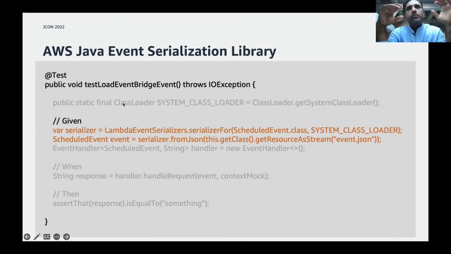The way the AWS Java SDK serializes and deserializes the events is sometimes not straightforward. So you can't always use, let's say, the normal object mapper from Jackson, for example. And that's why we provided this library to make your life easy in serializing and deserializing the different event types and using them in your tests.